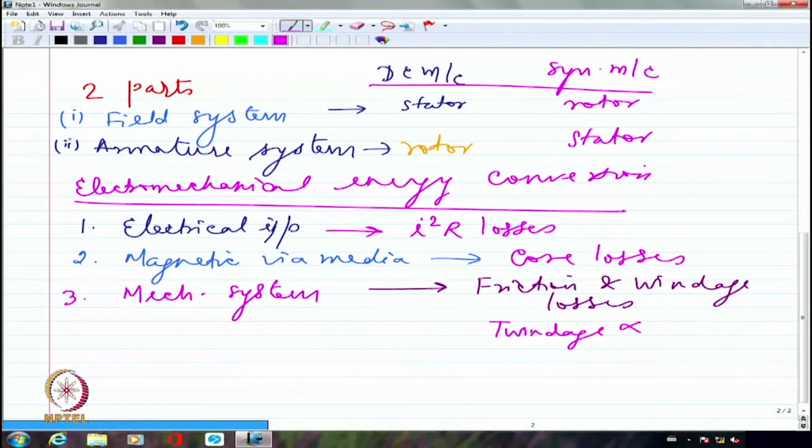So the windage loss is proportional to omega square or speed square. So I should say power associated with windage will be proportional to omega cube, because T multiplied by omega is the power, right? So I can say that T corresponding to windage will be proportional to omega square, or the power corresponding to windage will be proportional to omega cube.